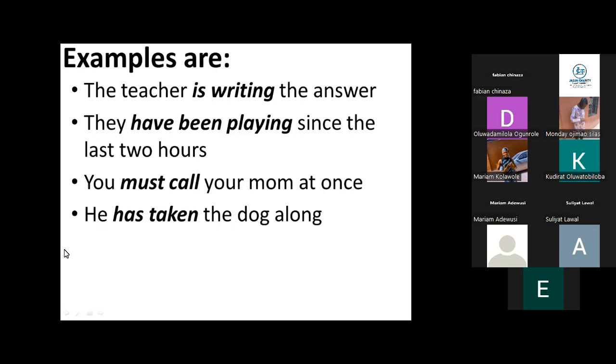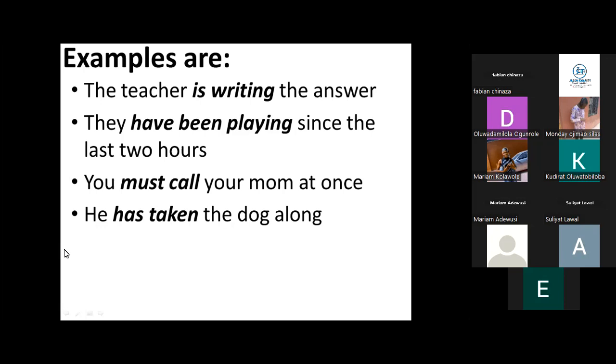There you have an auxiliary verb, have, in the third person singular, and then you have a main verb, take, in the past participle. So those are examples of what we call the verb phrase. So when you see 2, 3 or more verbs used in a sentence, pardon me, let me come back on that.